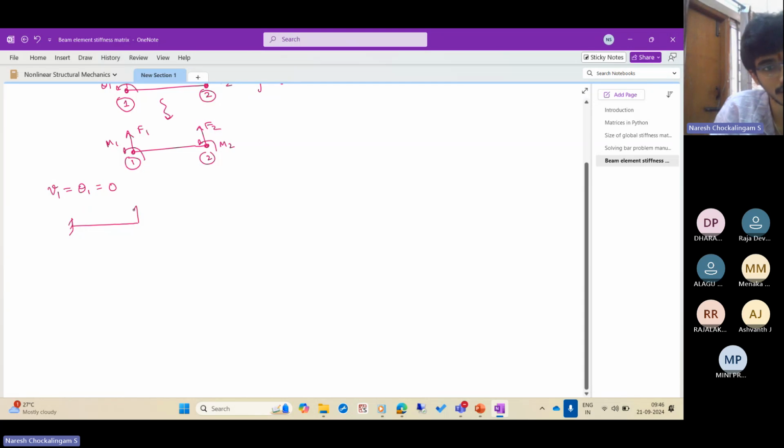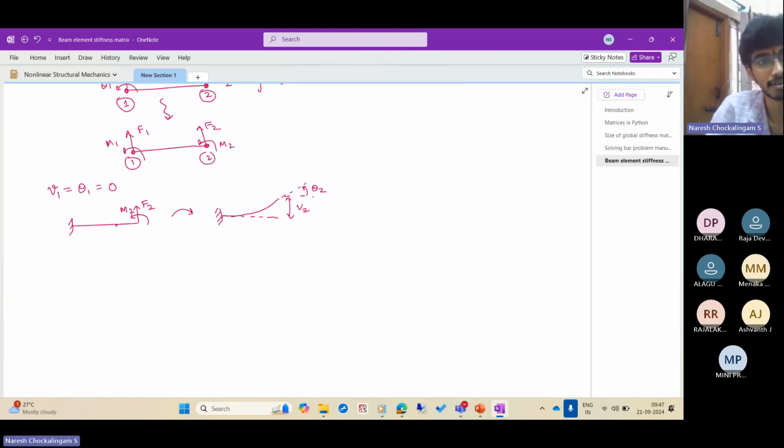With forces F2, M2 applied, and this will result in a displacement V2 and theta 2. Right? So how do we find V2 and theta 2? Directly from this? You have certain formulas, but systematically, how do you do it?